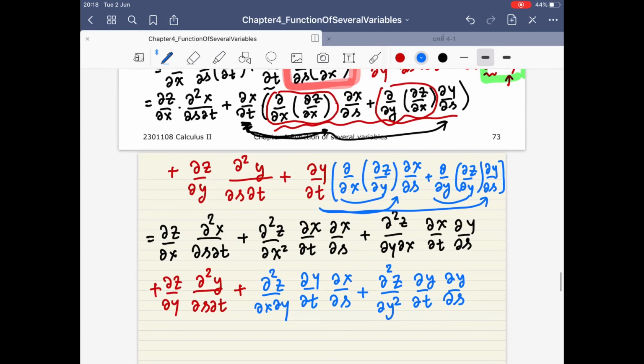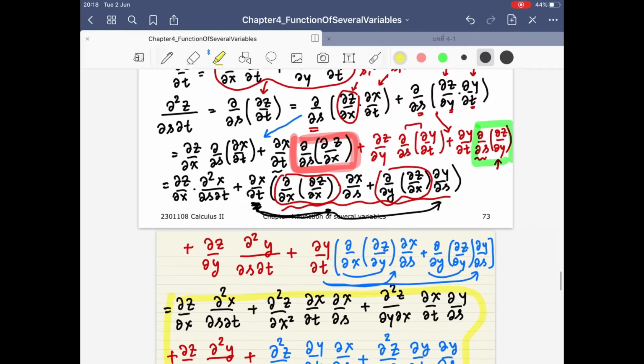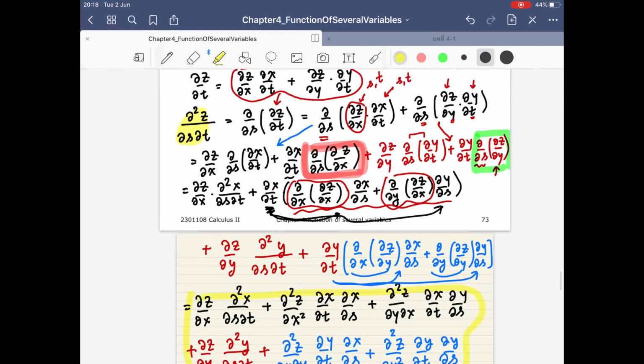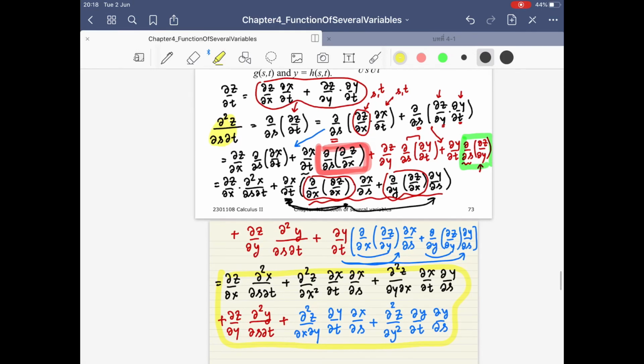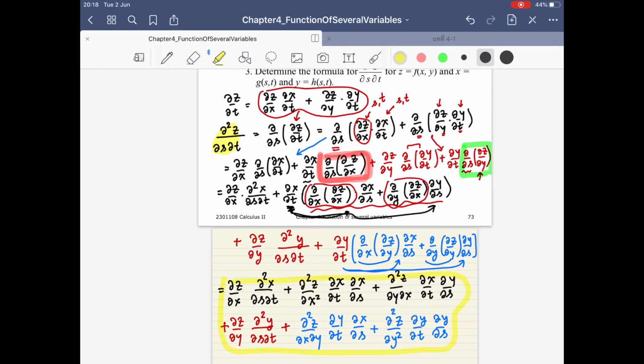So what you end up with here is your d2z by ds dt. It distributes into 1, 2, 3, 4, 5, 6 terms. Are we all right?